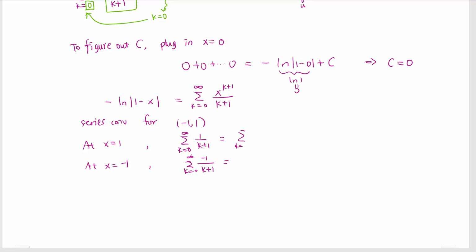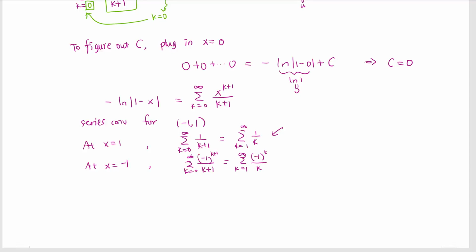If I let my k start with 1, then my expression changes to 1 over k, and I change my k from 1 to infinity. I get minus 1 to the k over k. So it's exactly a p series.